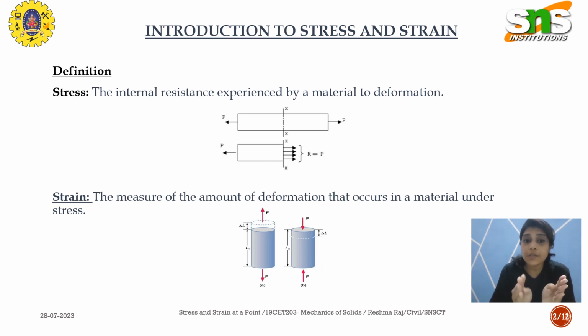The measure of the amount of deformation in the material because of stress is known as strain. So, strain is the measure of the amount of deformation that occurs in the material due to stress. Hope you understand what stress and strain are.